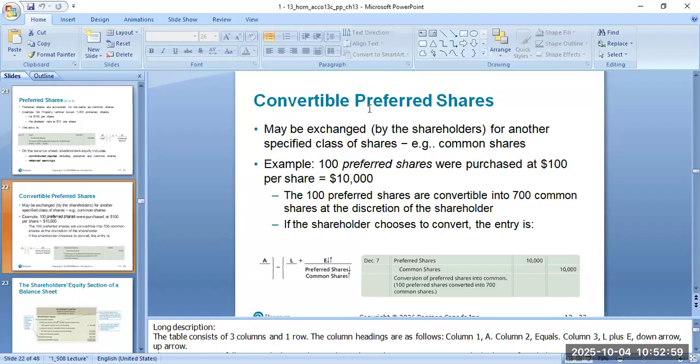So we debit the preferred shares to reduce them and credit the common shares to increase them. There will be no actual transaction of cash. One equity goes down, preferred shares, and one equity goes up, common shares. We converted preferred shares into common shares.